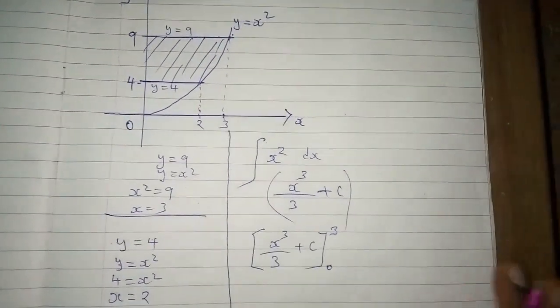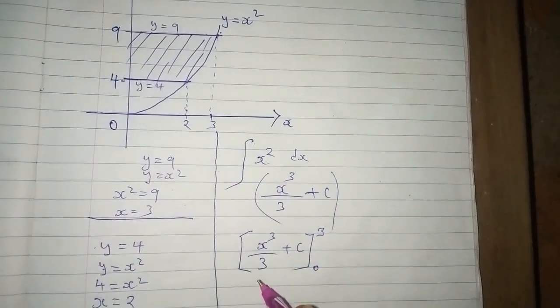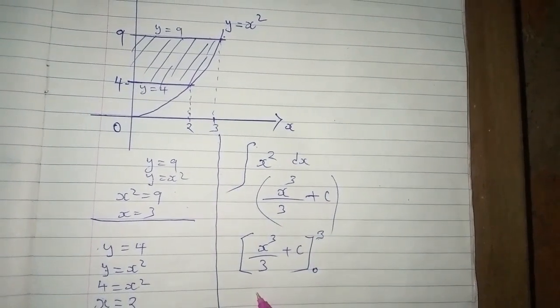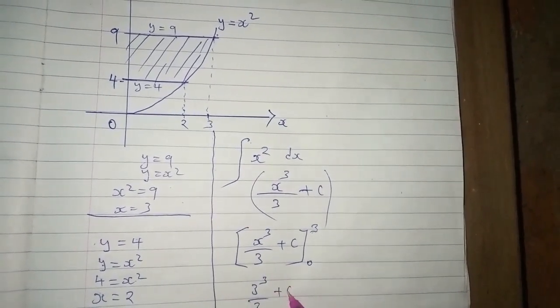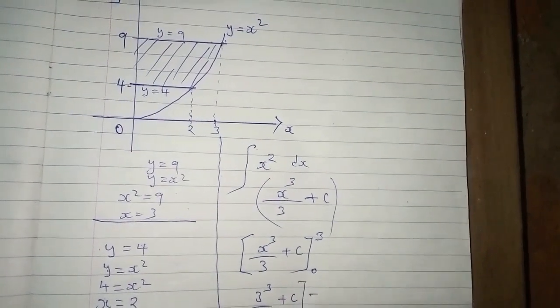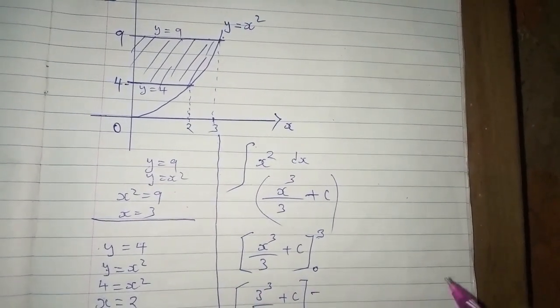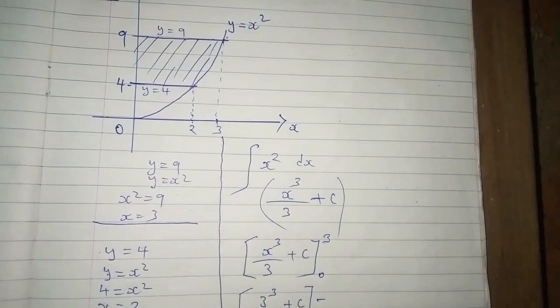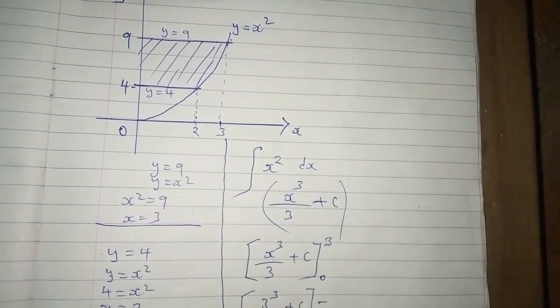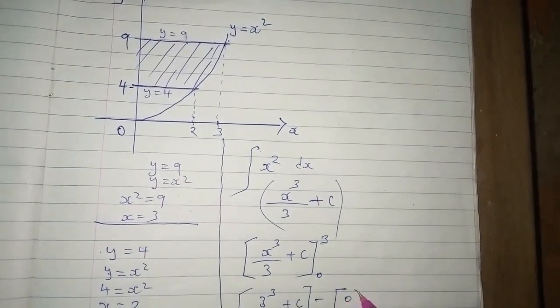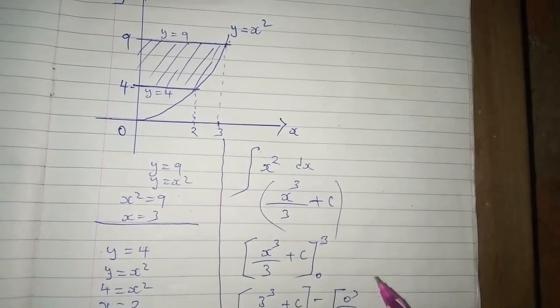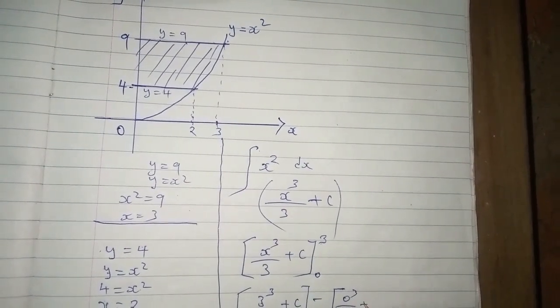Then we have 3 cubed divided by 3 plus c, minus 0 cubed divided by 3 plus c.